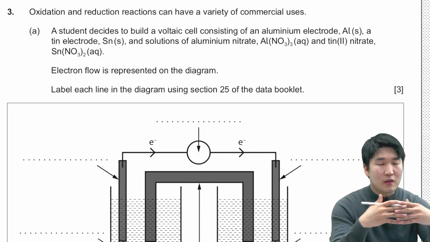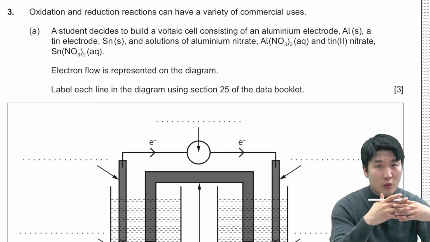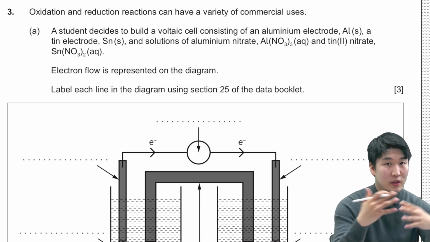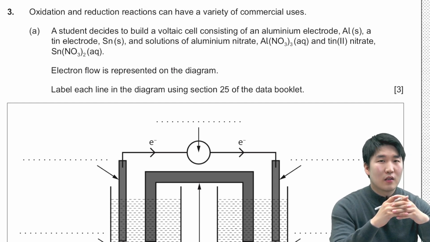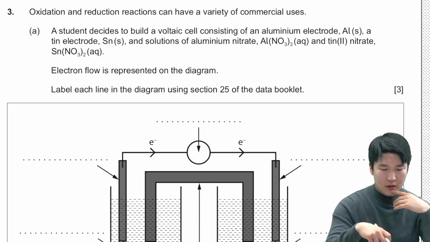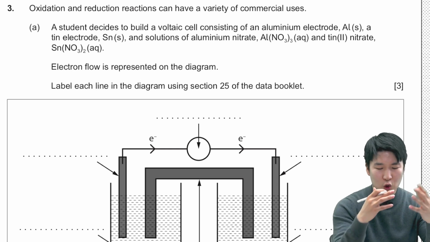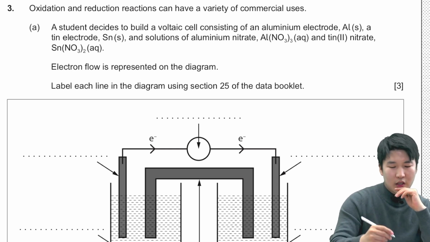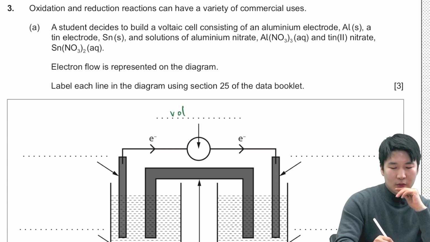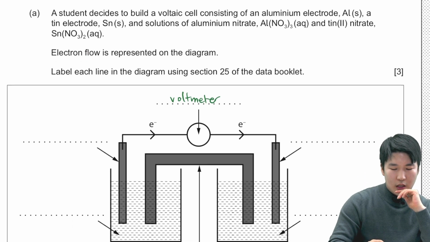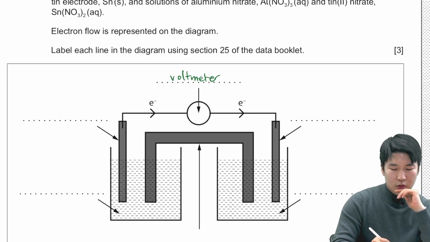Voltaic cell question, question 3, where we're comparing aluminium with tin. We are given a voltaic cell that is not labeled at all. So we're going to start labeling with the easy voltmeter. Salt bridge.